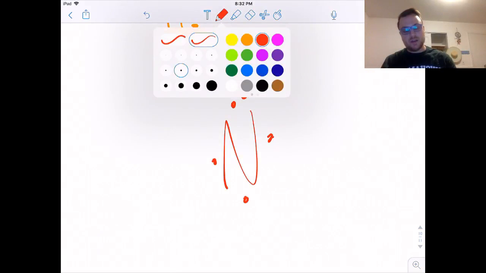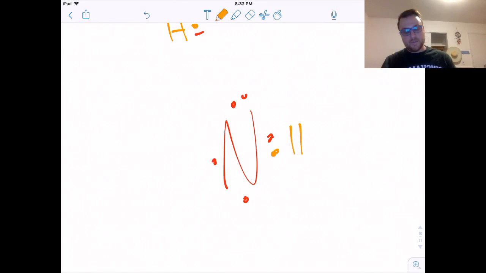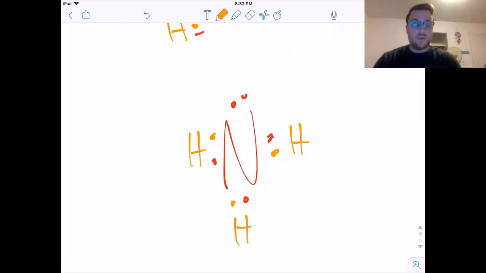So, when you're drawing these structures, take your time. That's the number one thing I tell my students. You're going to want to rush into drawing them, and there's no reason to rush. Take your time when you're drawing these compounds.